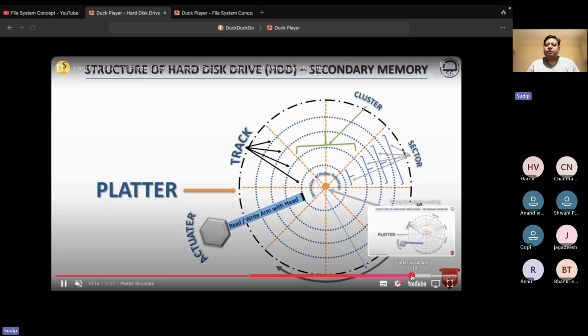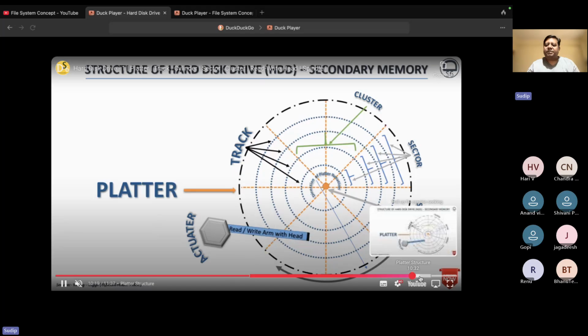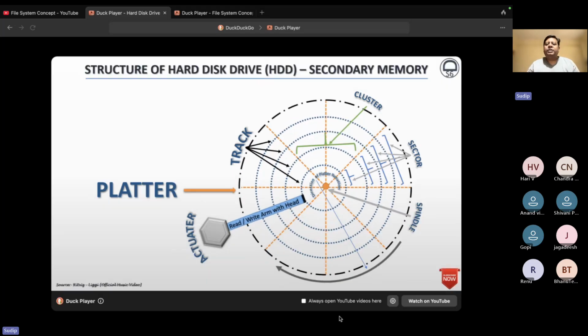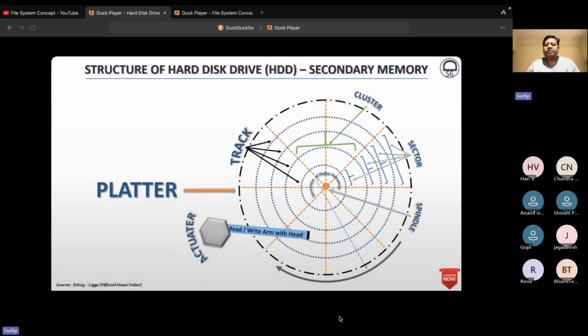So my question remains to you all: which component is sending information to this actuator arm to tell which cylinder, which track, which sector to read from, or which cylinder, which track, which sector to write the data into?